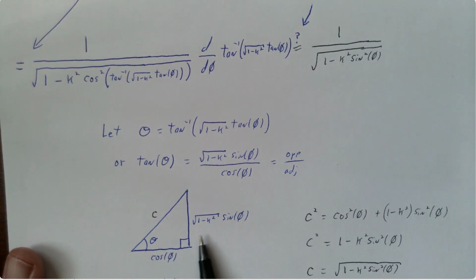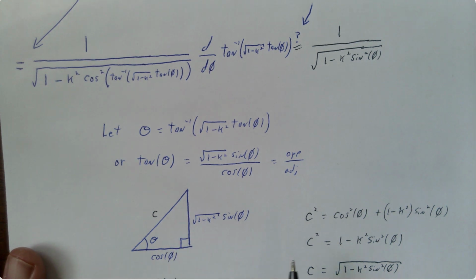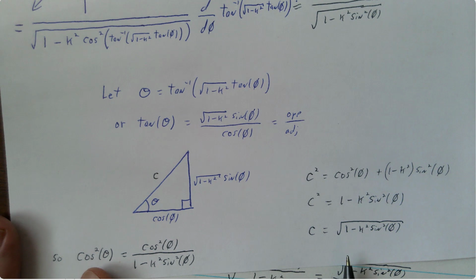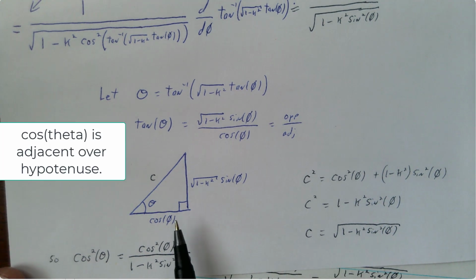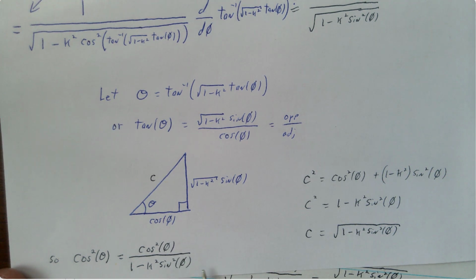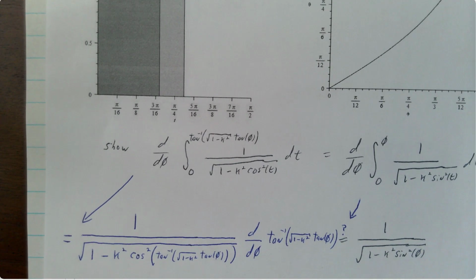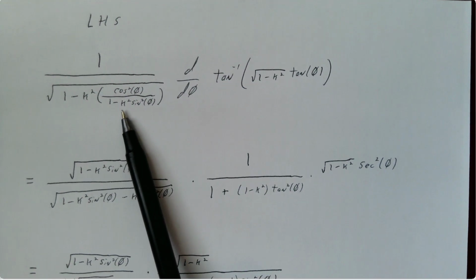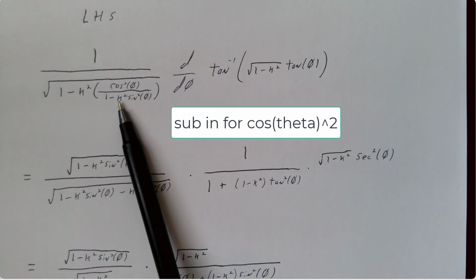So if I make a triangle, since I'm working with quadrant 1 angles, C by the Pythagorean theorem will be like that. So cosine will be the adjacent over the hypotenuse. And cosine squared will be this. So now if I continue with the differentiation of the left-hand side, I can sub this in for cosine squared, like I did.